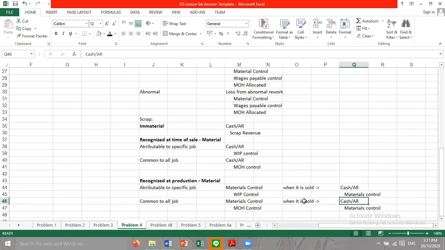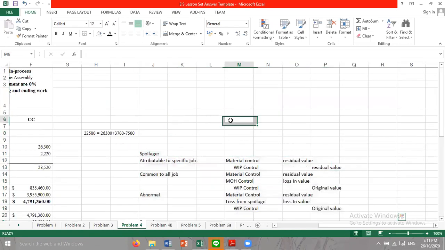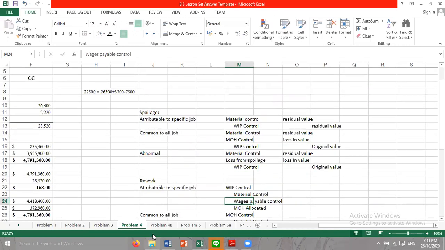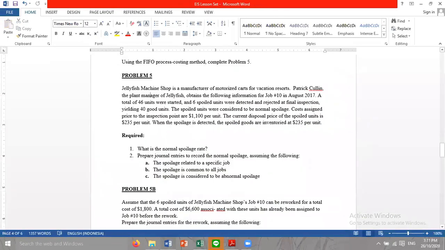However, the journal when it is sold is also the same. So this is practically a summary for spoilage in job costing. So to implement the theory, let's just jump straight to the problem.